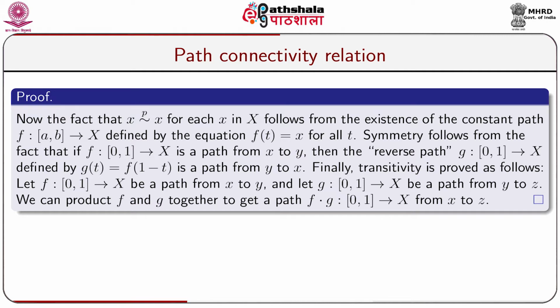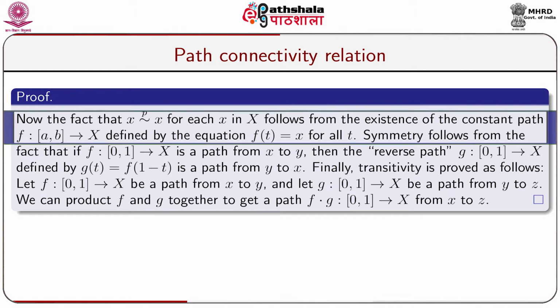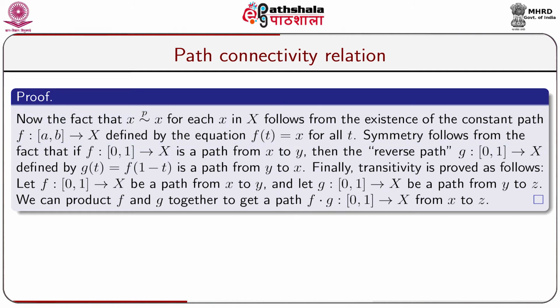Now, the fact that x is related to x by the path connectivity relation for each x in X follows from the existence of the constant path f from the closed interval [a, b] to X defined by f(t) = x for all t in [a, b].